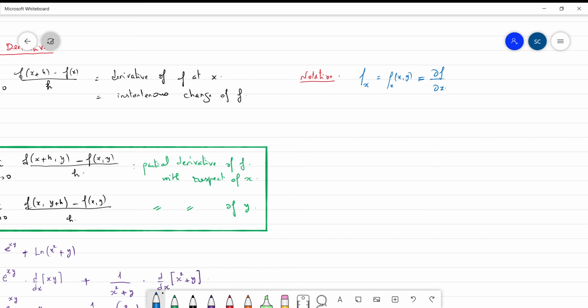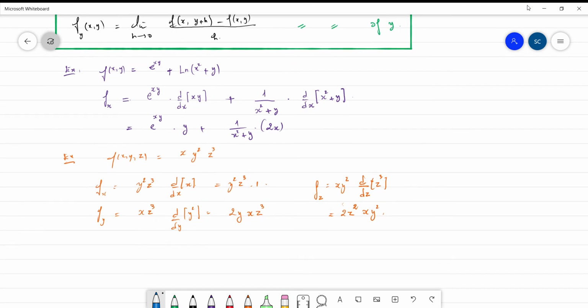Now, if you remark through the examples, once we derive and find the partial derivatives, these partial derivatives are themselves functions of several variables. So we can also be interested in deriving these quantities with respect to x, y, z.